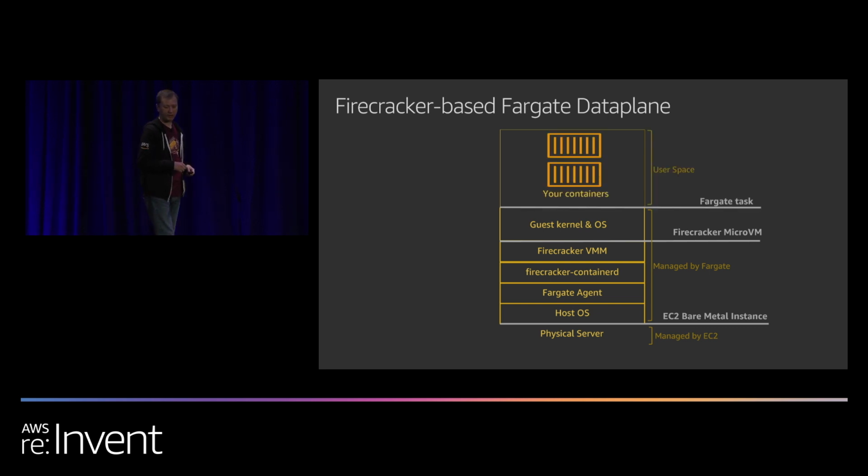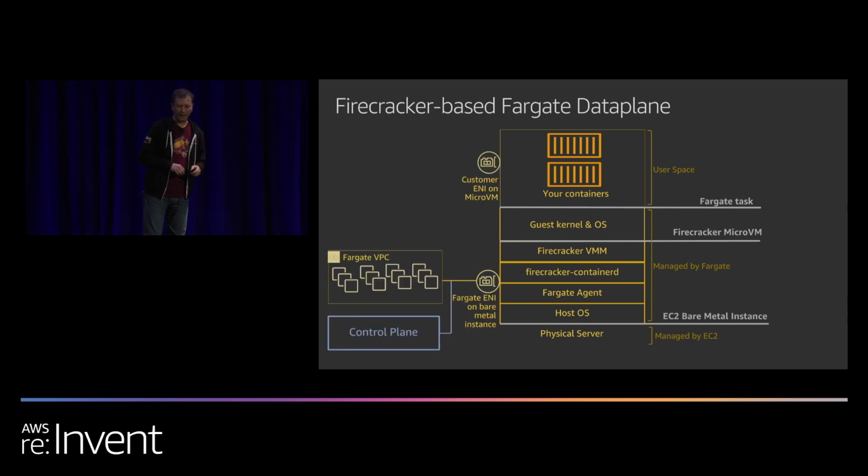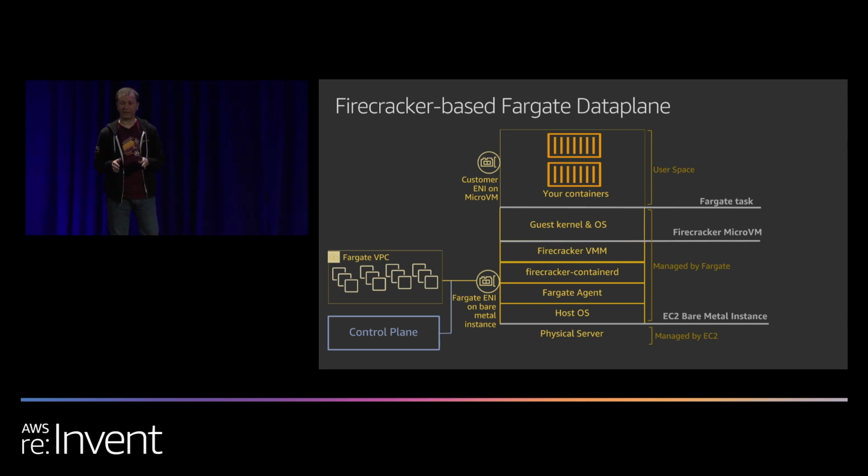Your containers run within the safe environment in user space. As with our current EC2-based Dataplane, your tasks still get their own dedicated ENI. That ENI is only accessible from your task. The Fargate ENI this time remains on the bare metal instance.